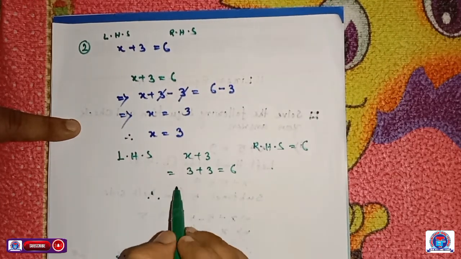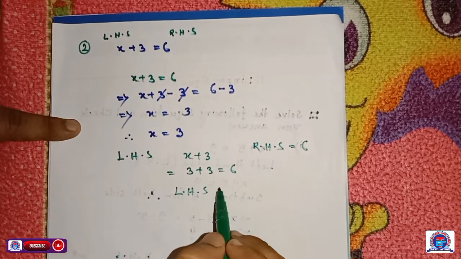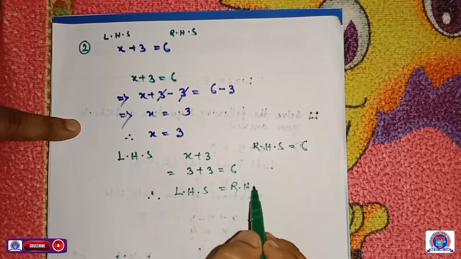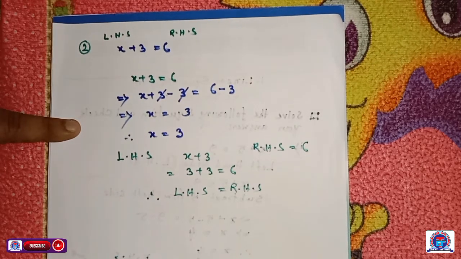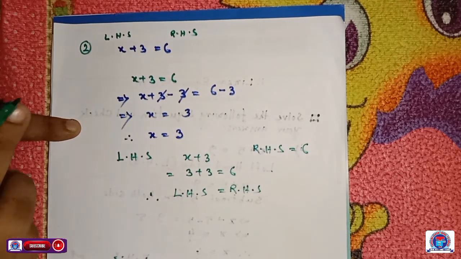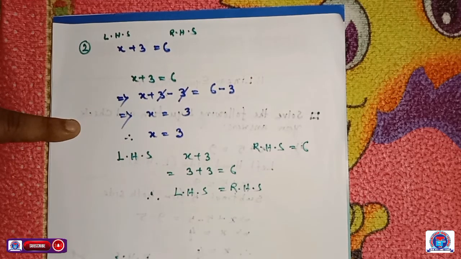Therefore, we can write left hand side is equal to right hand side. Okay, so in this way we solve the algebraic one variable equation. Correct? I hope you understood all these mathematics problems.